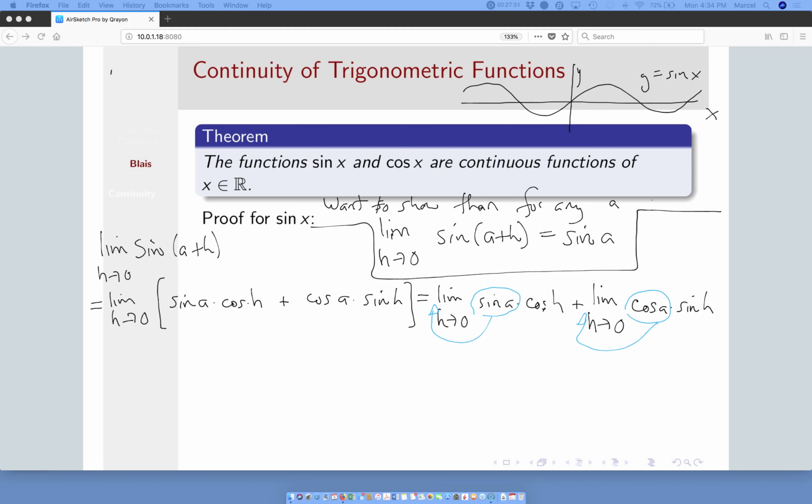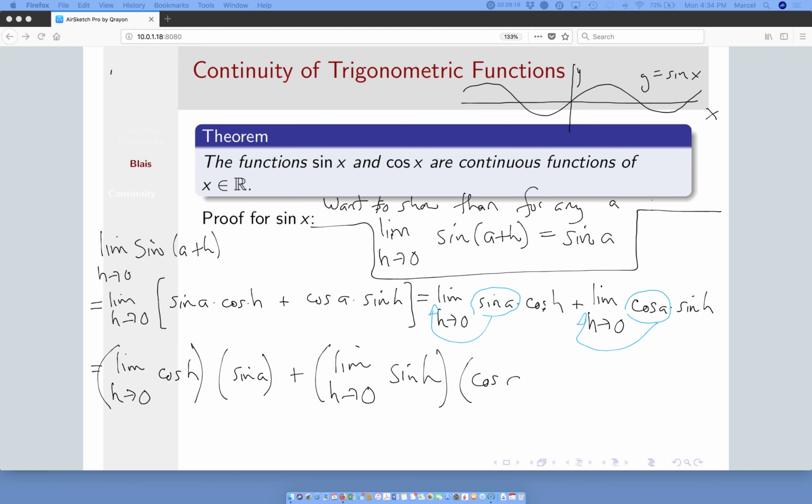So this becomes the limit as h goes to 0 of cosine of h, all of that times what we factored out, sine of a, plus the limit as h goes to 0 of sine of h, and in this case we factored out the cosine of a.